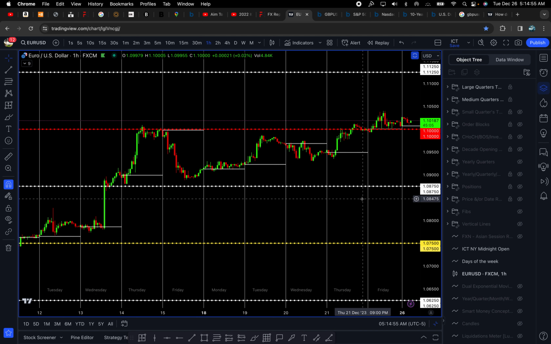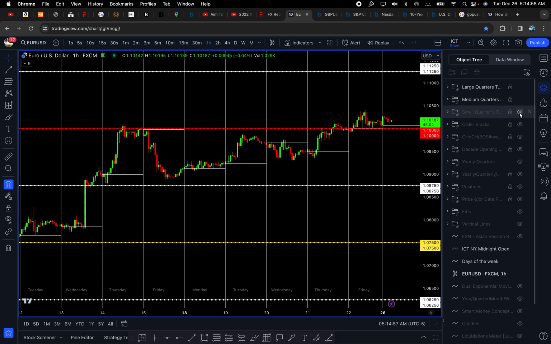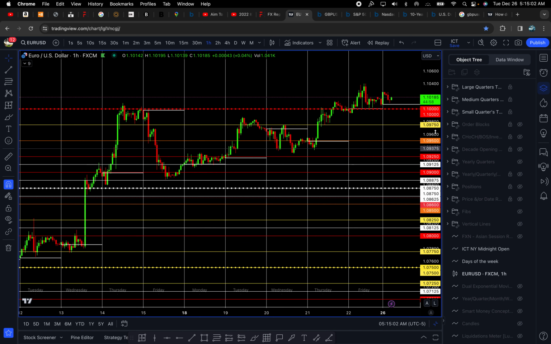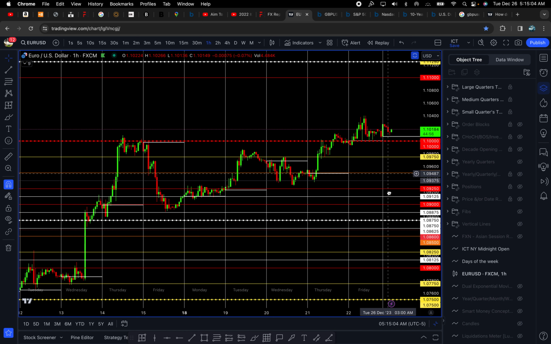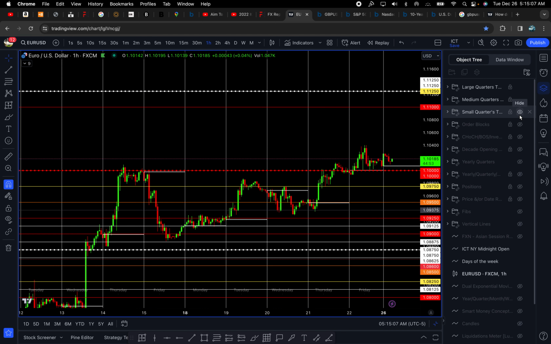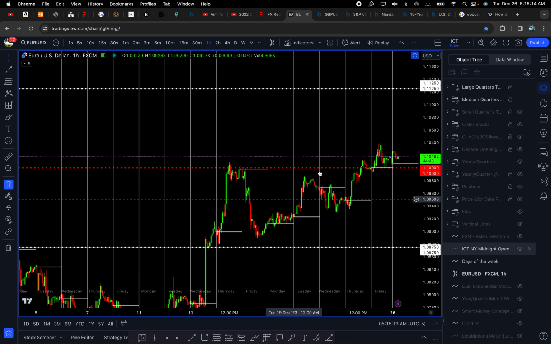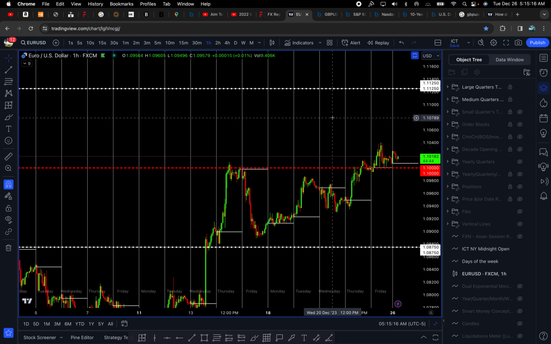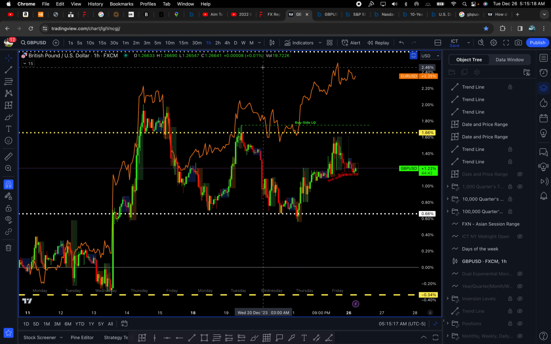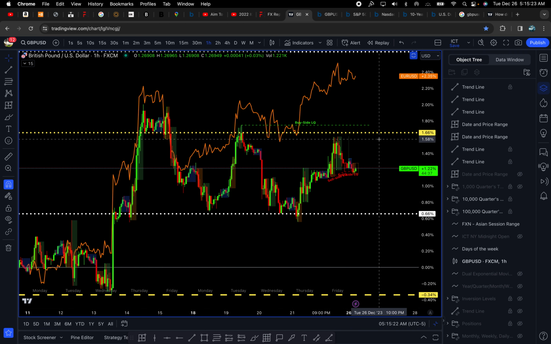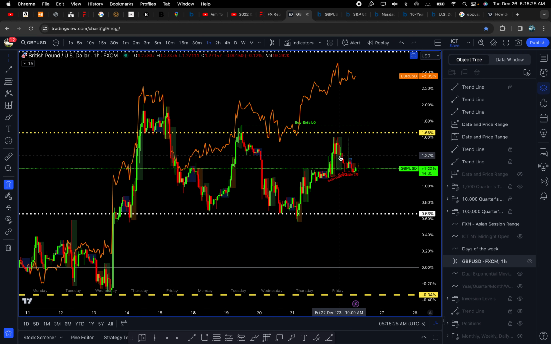But yeah, you want to look at what's going on. I think I've got some work to do on this chart, as usual. But yeah, we're at a significant level here. And for the pound dollar, we're at this level here.